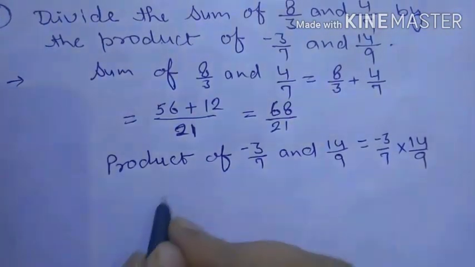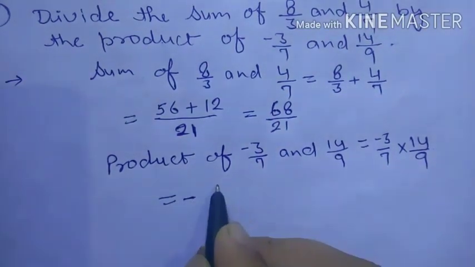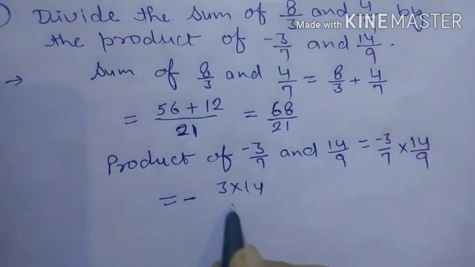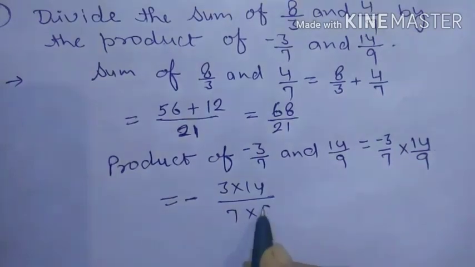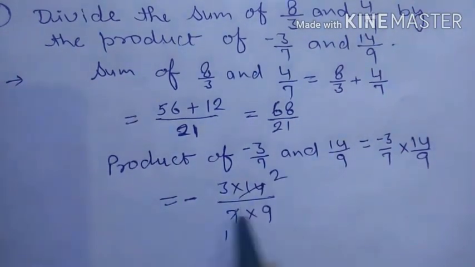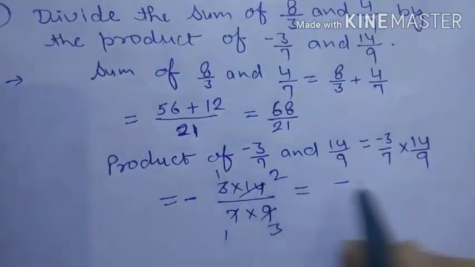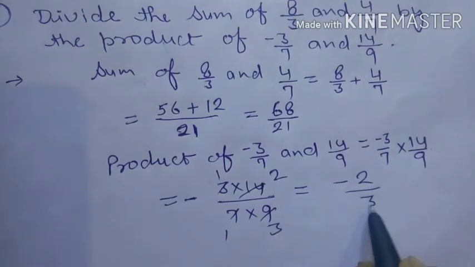One is negative and one is positive rational number, so the result will be negative. Now 3 into 14 upon 7 into 9. Here we can cancel: 7 ones are 7 and 7 twos are 14, and 3 ones are 3, 3 threes are 9. Then the result is minus 2 upon 3.